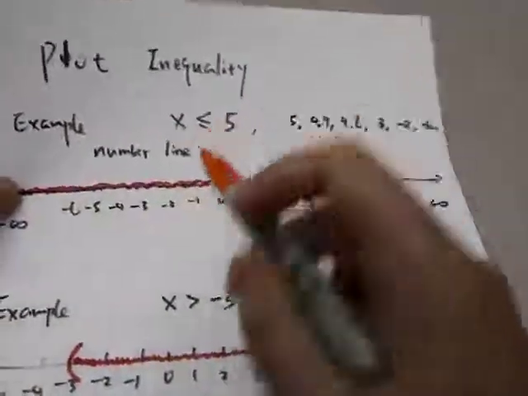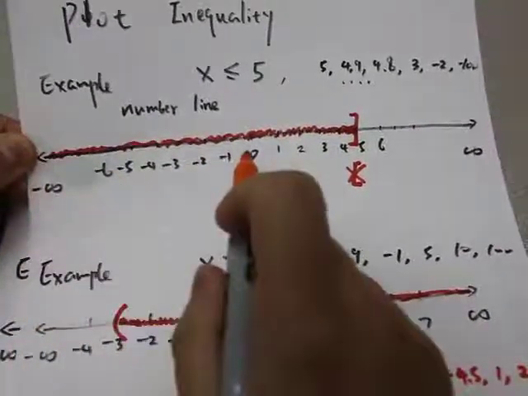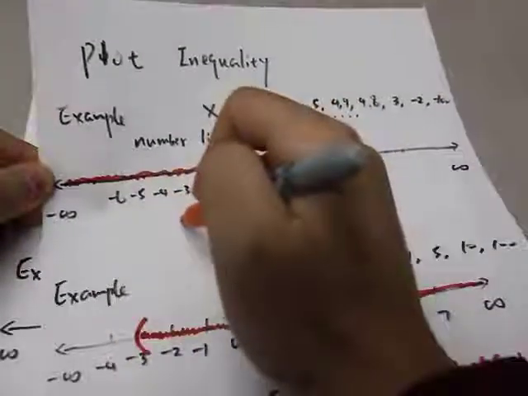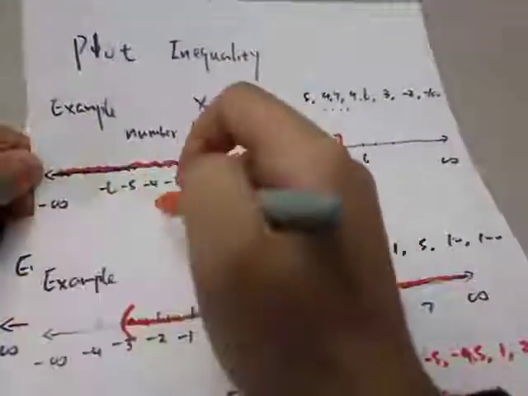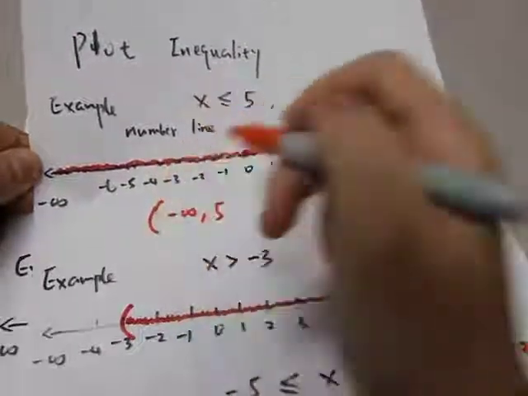So this one, because this is our graph, right? From this graph, the smallest thing is negative infinity, and the comma, the biggest thing is 6. So remember, we always use parentheses if it's a negative infinity or positive infinity.